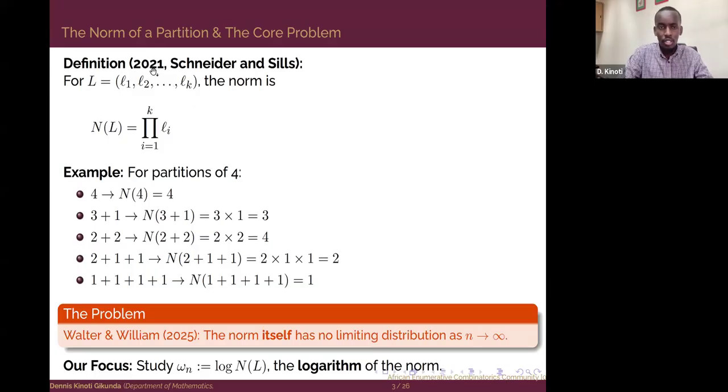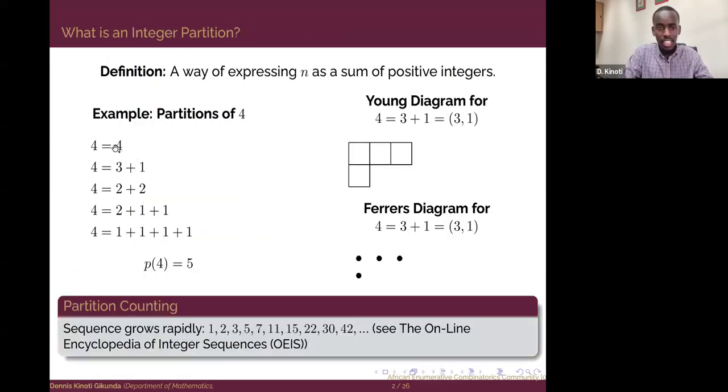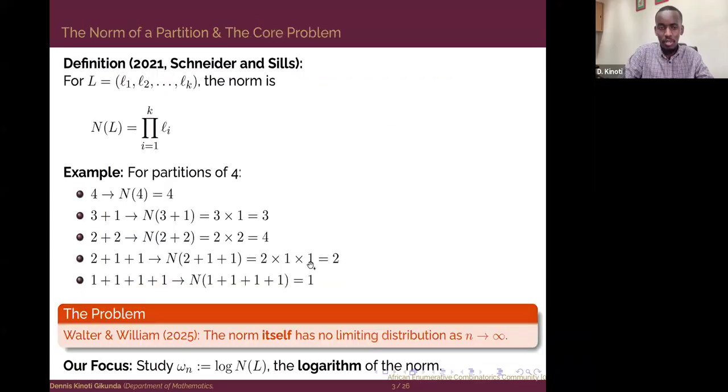It was formally defined in this particular paper. For example, for the partitions of 4, these are its norms. The first partition, which is just 4, has norm 4. The second one is 3 times 1. The third one is 2 times 2, which is 4, then 2 times 1 times 1, or 1 times 1 times 1 times 1. These are the respective norms.